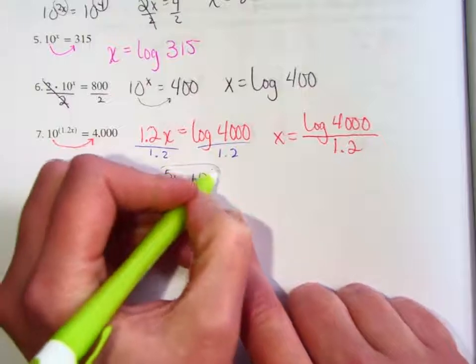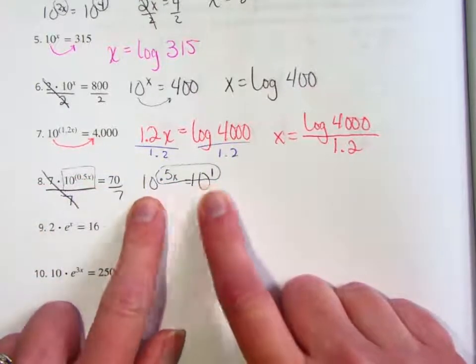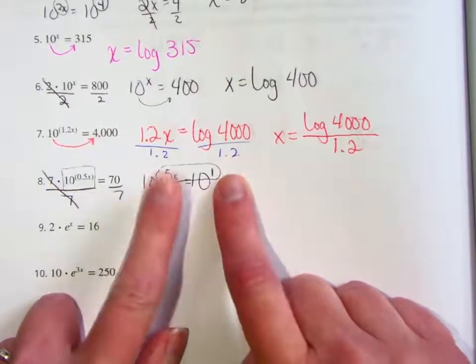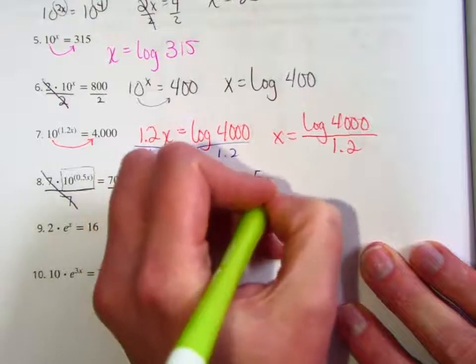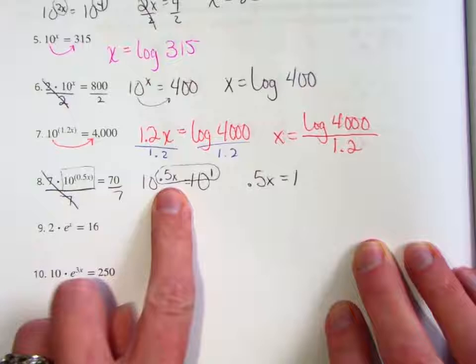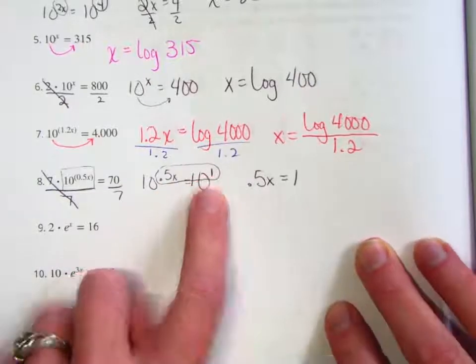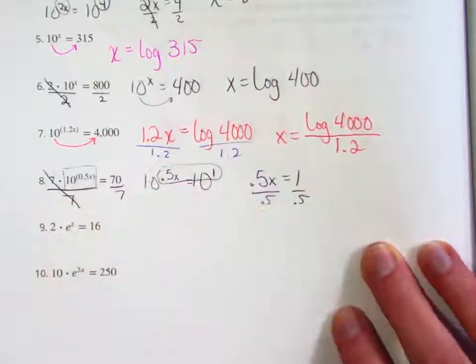Now I've got two exponents that have to be equal because these two are in the same base. Same base, equal to each other, same exponent. So 0.5x equals 1 because the exponents have to be equal. I'm going to divide both sides by 0.5.